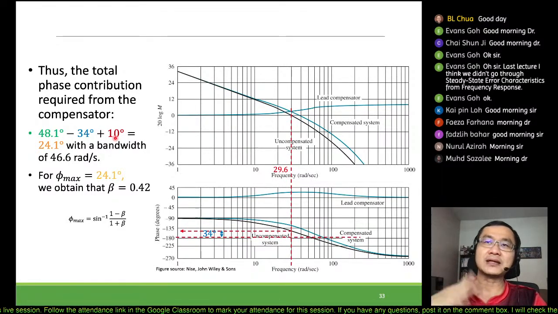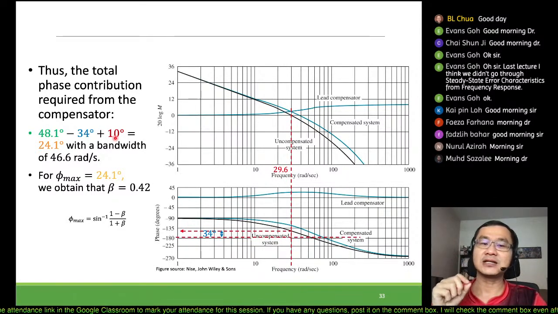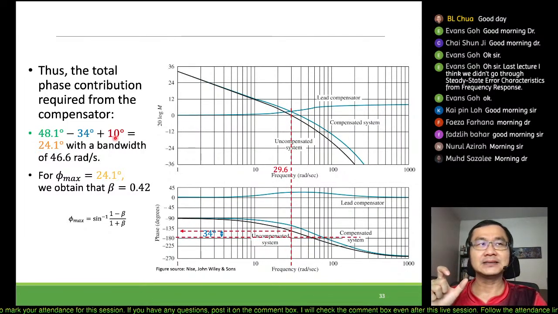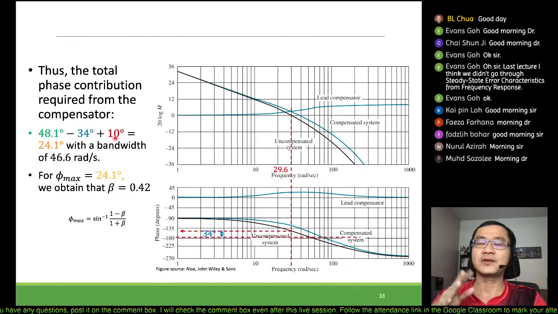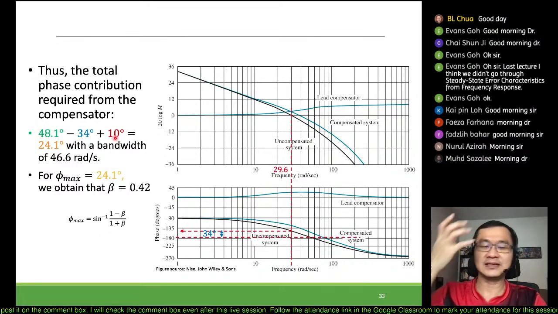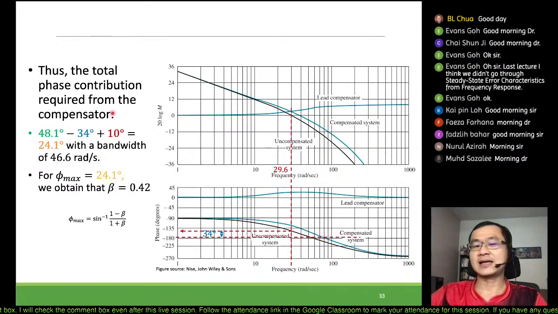If you go back to the design procedure later on, you would see a range of values you can assume from, I think, 5 degrees to 15 degrees. So you can select a value from there, and you start from there.